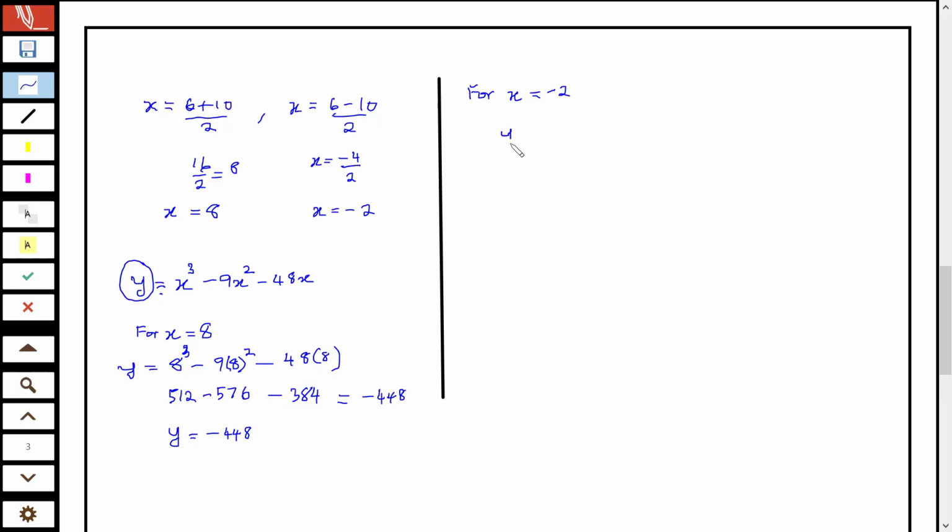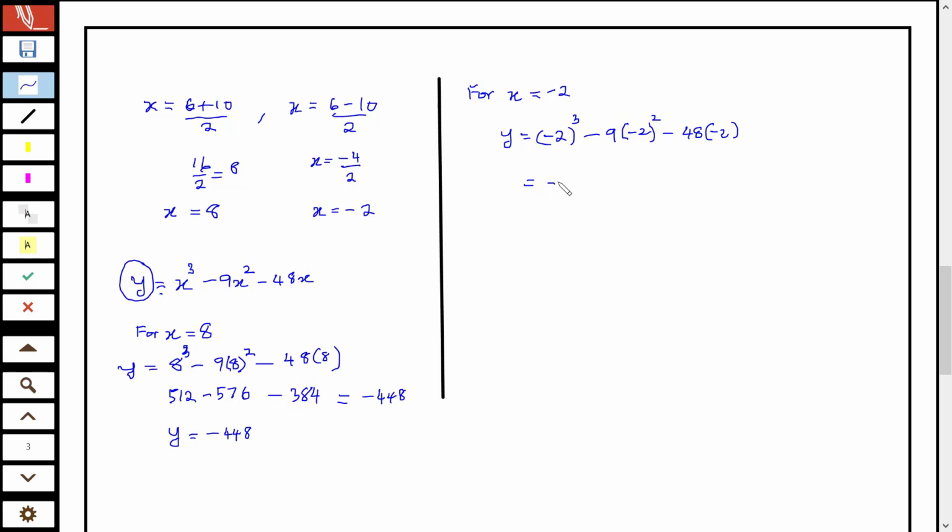So y will be equal to, now x to the power of 3 will be negative 2 to the power of 3 minus 9 times negative 2 squared minus 48 times negative 2.